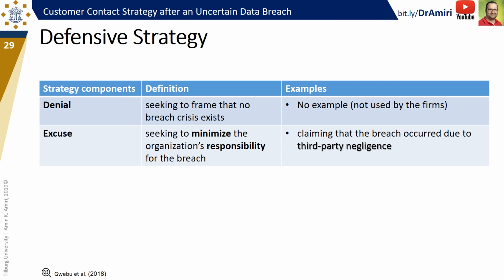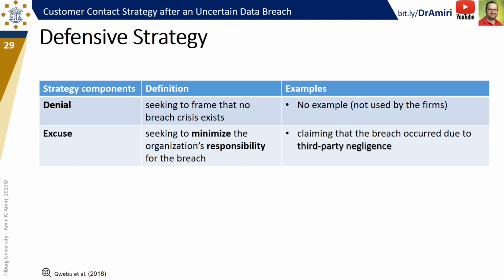As a company, you can take a defensive strategy. You can either go for denial of the attacks or you can provide excuses. With denial, you seek to frame that no breach crisis exists at all. We haven't seen these cases in these years because, according to the law, companies are obliged to announce the data breaches if they happen.